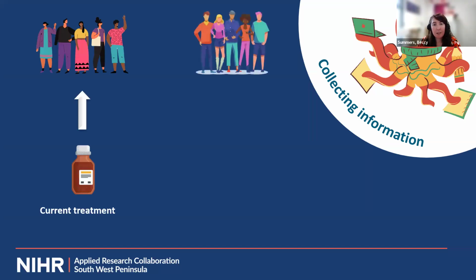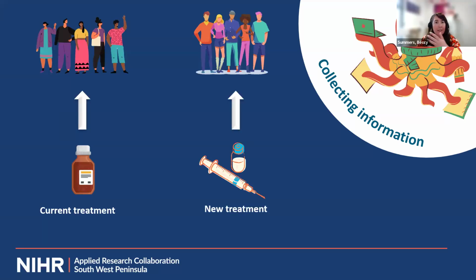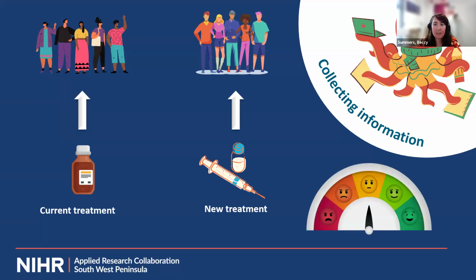We then might give another group of patients a new treatment. And throughout that entire time that they're taking the medication, we might ask them to rate their pain. And the information or the data that we would be collecting is that pain rating from patients.